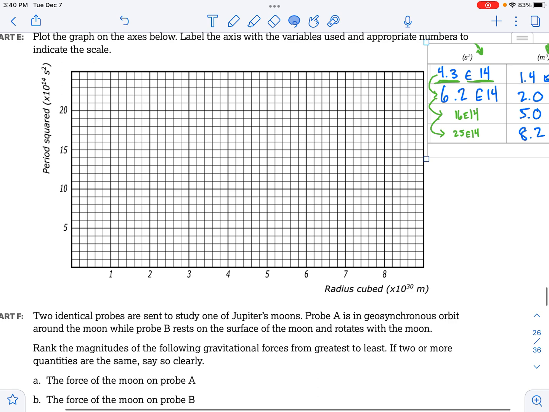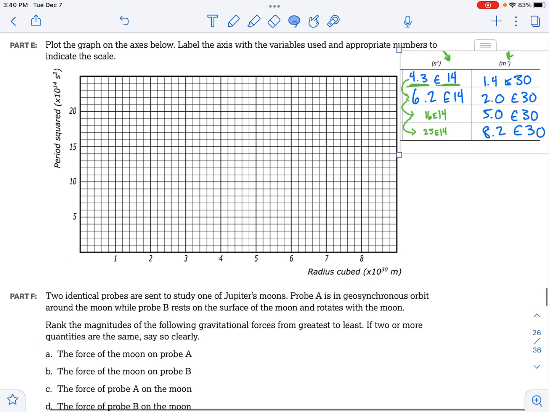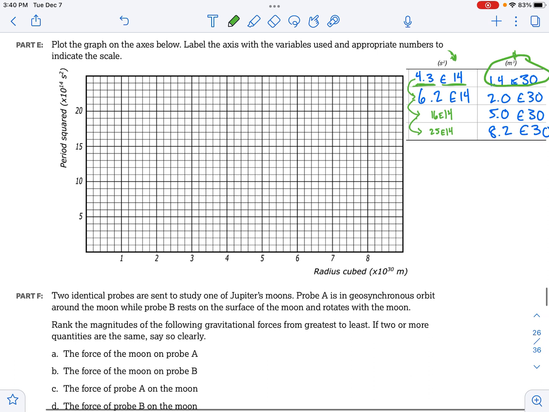So let's do it. On my x-axis is 1.4 times 10 to the 30th, so 1.2, 1.4, 1.6, 1.8, 2. Okay, so yeah, 1.2, 1.4, and that goes along with 4.3.